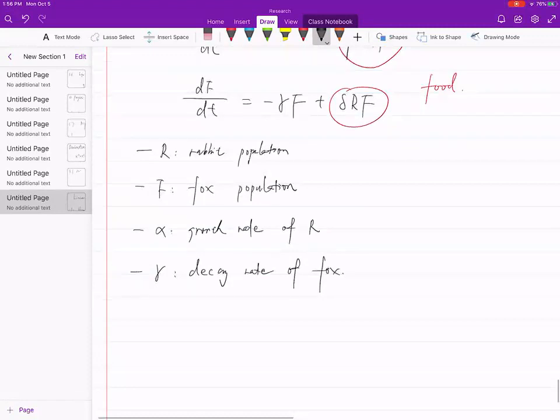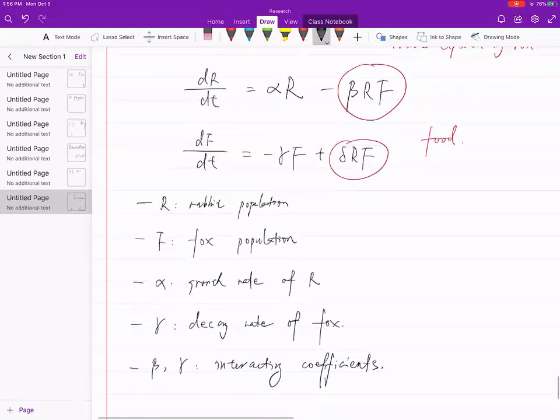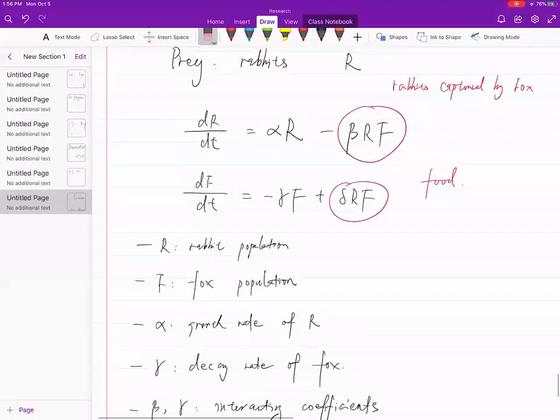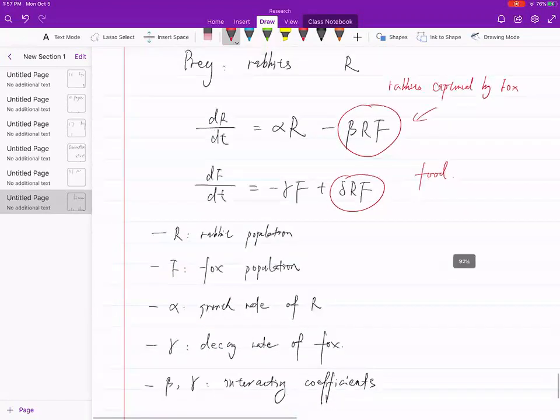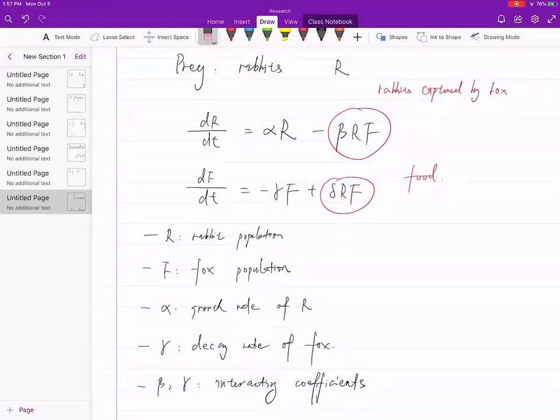Okay. Beta and delta will be the interacting coefficients. You have done some modeling yourself, so you know this term is not perfect. It just captures some essential properties of the interconnection, but of course it's not perfect. Okay. Can I explain why it's related to R times F for both of these?